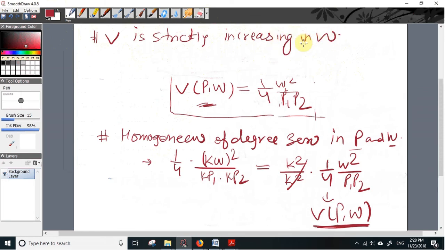So what it means is that if wealth increases, the level of maximum utility that is attainable from the new level of wealth, other things remaining the same, will surely increase. To show this, we can observe that the derivative of the indirect utility function with respect to wealth is strictly greater than 0.